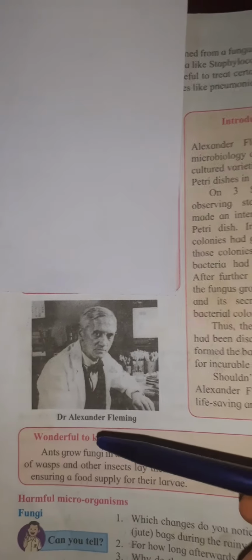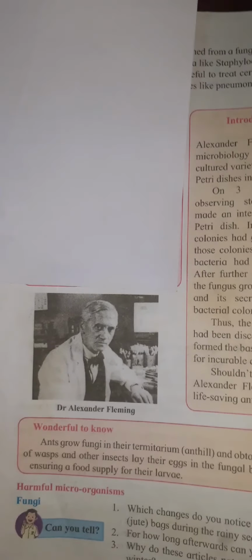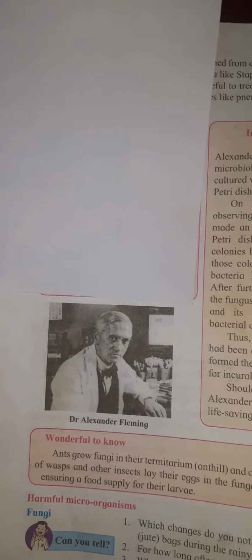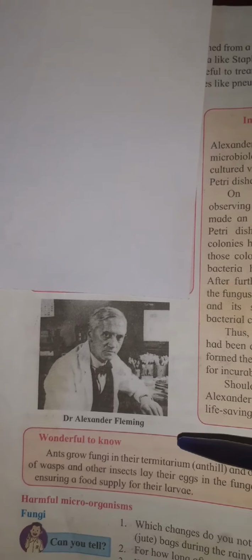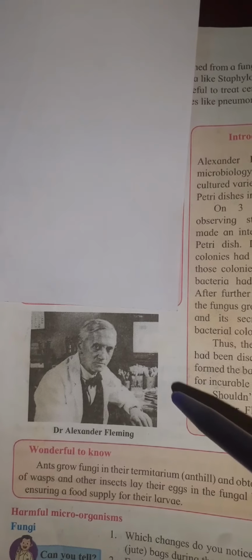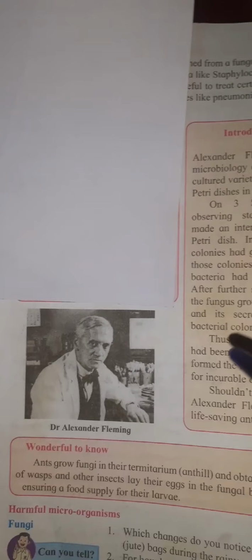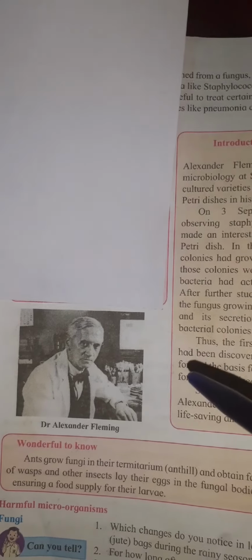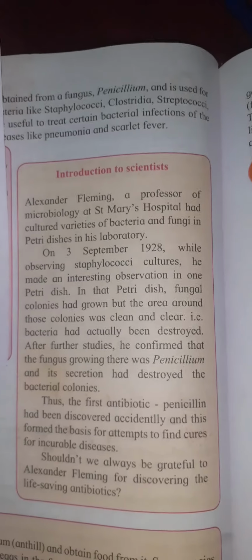This photograph is of Dr. Alexander Fleming. He was the scientist who first discovered the antibiotic penicillin, and he did further work and research, and he found out that penicillin is a medicine, an antibiotic, and it is produced by a fungus named Penicillium. So we are going to see his experiment and how he discovered it.